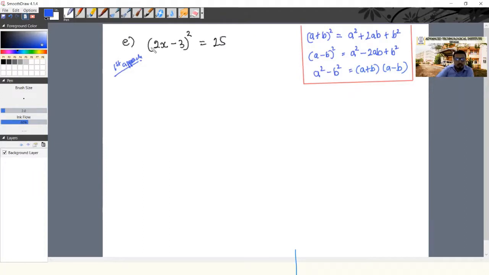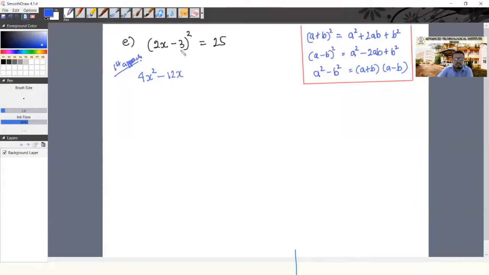The first approach is that we can expand this. Once we expand, the first term squared, 2x plus squared, gives 4x squared. Then first term into second term into 2: 2x into minus 3 is minus 6x, and minus 6x into 2 is minus 12x.